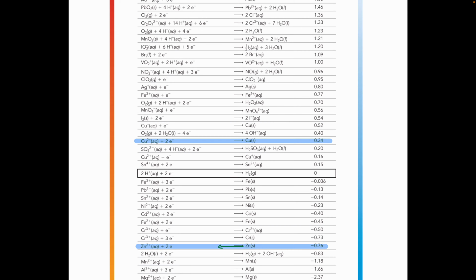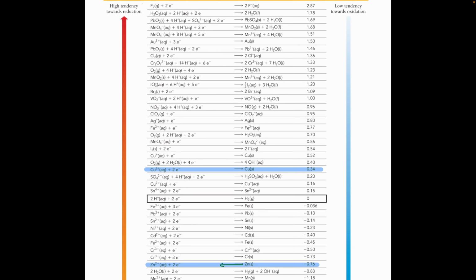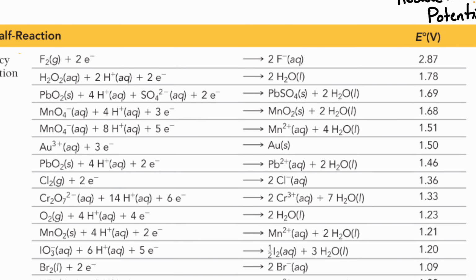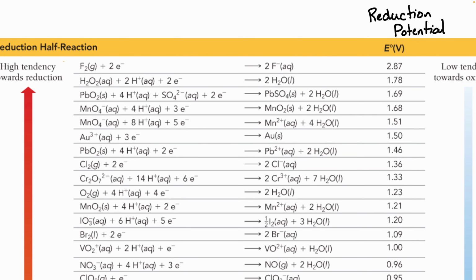I'm pretty sure these are on opposite ends here, so I'm going to copy and paste onto that other page. Just to note, you do have to be careful. For permanganate, we have 2 different reduction reactions that can take place. We need to make sure to grab our half reaction exactly, so exact matches here.